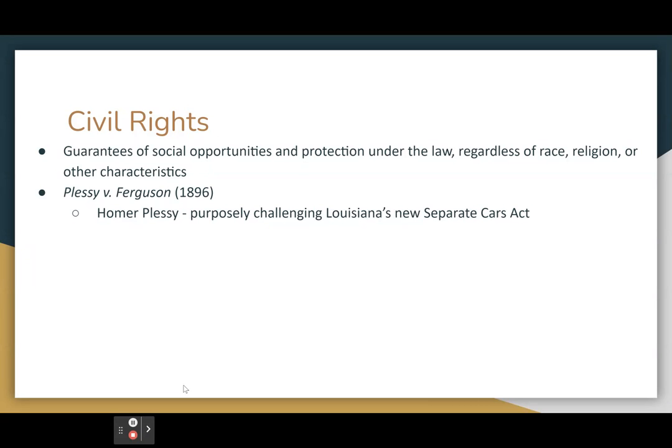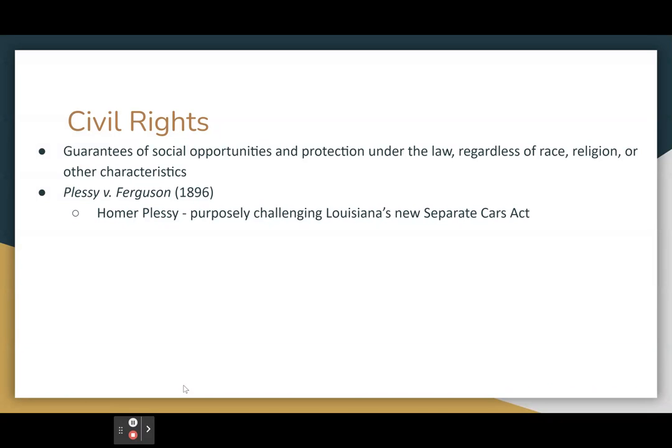So if you looked at him, you were looking at a very light-skinned man with blonde hair and blue eyes, but was 1/8 black. And in Louisiana, Louisiana had the one drop rule, and the one drop rule meant that if you had one drop of black blood in you, then you were 100% legally black.